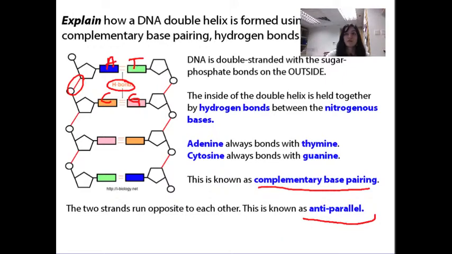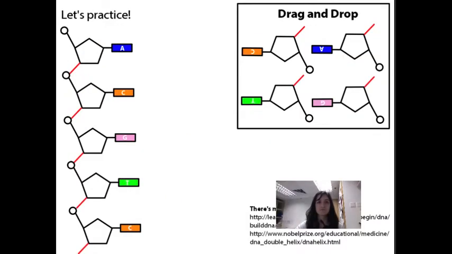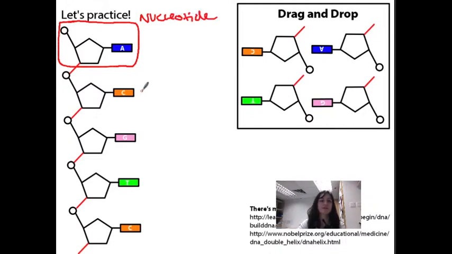So let's do a little bit of practice with the structure of DNA. Let's start off by labeling what we already know. So we can see here we've got one nucleotide. Our entire DNA strand is, in this case, about five nucleotides.